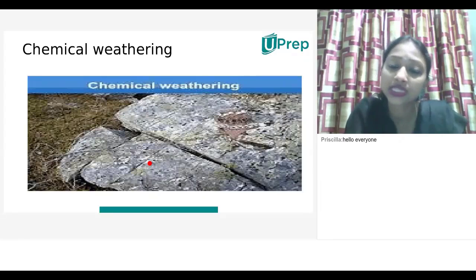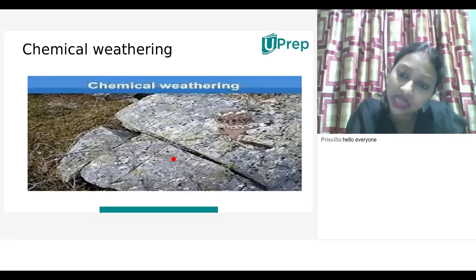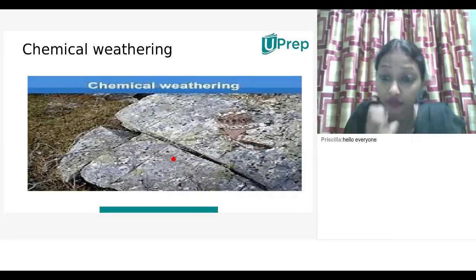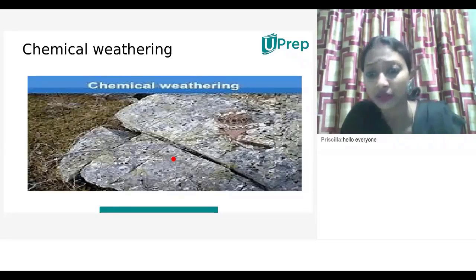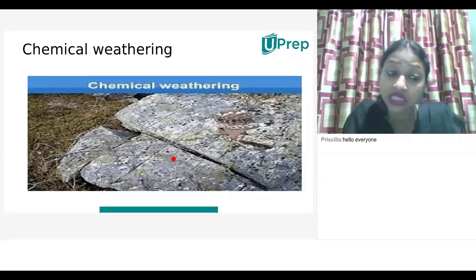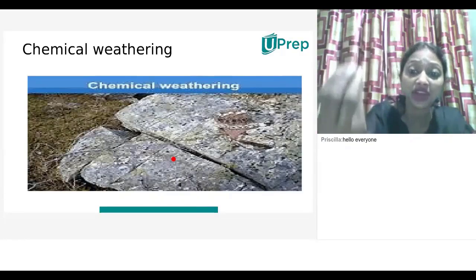So this is about chemical weathering. Chemical weathering means all these natural forces are acting, and the mother or parent rock from which the soil forms entirely changes into different kinds of components. So the property of the soil formed from that rock is entirely different.